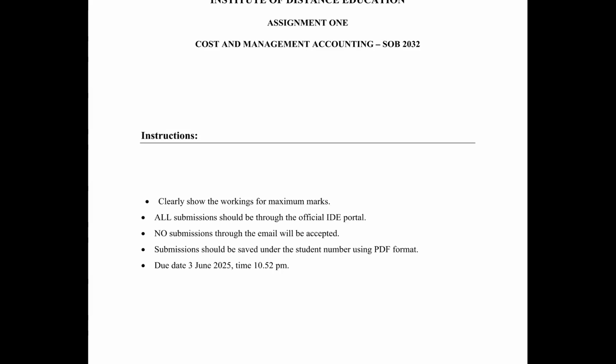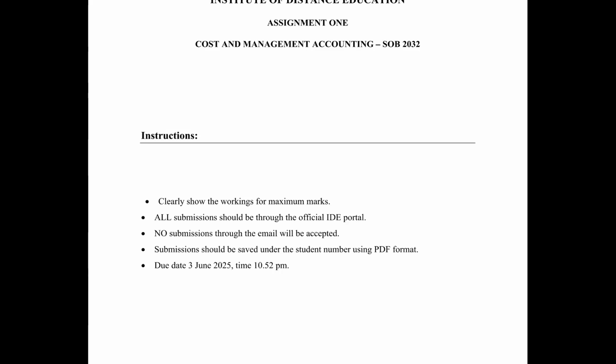But what we're going to do is start talking about the content of this assignment. I've opened a new topic now, which is called inventory overhead costing. We want to cost the overheads.